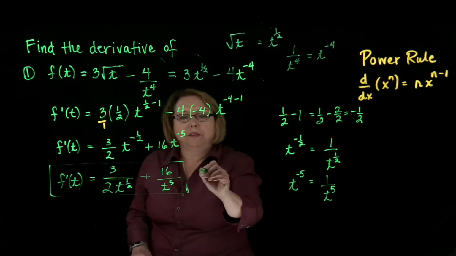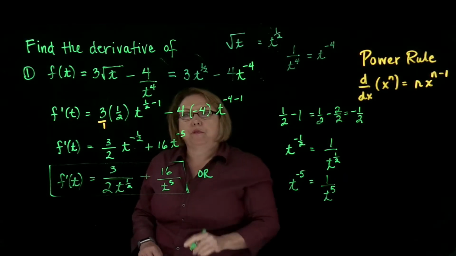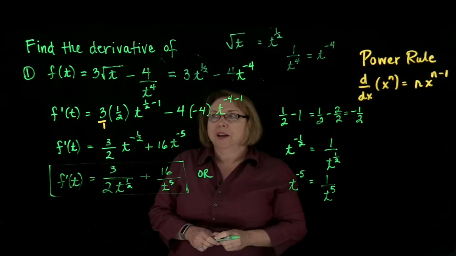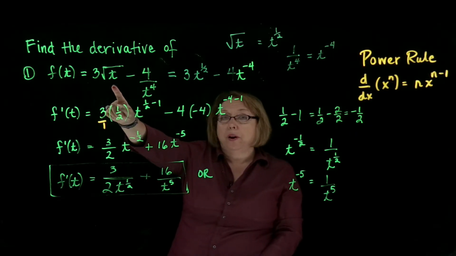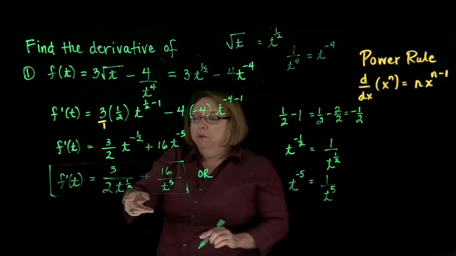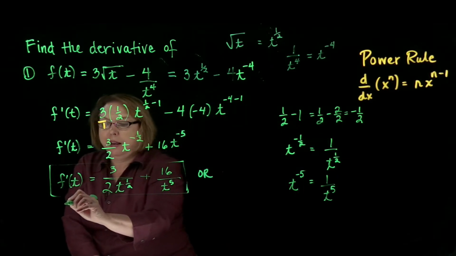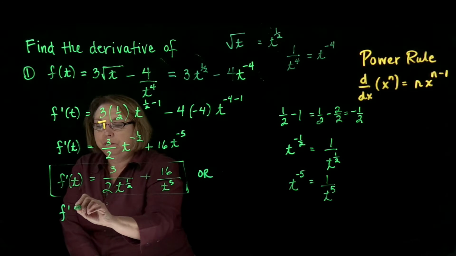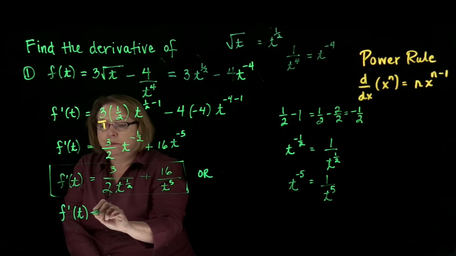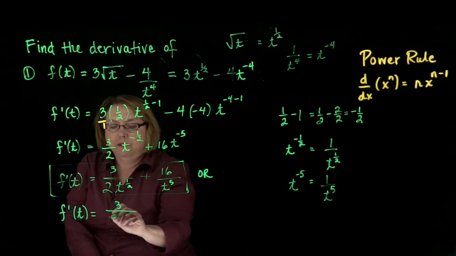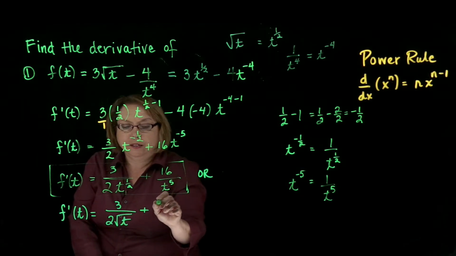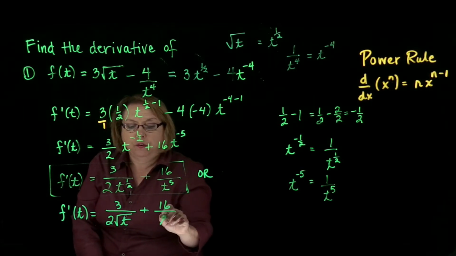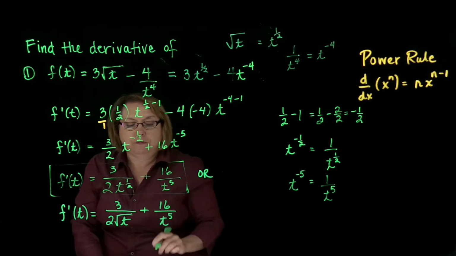Another format that this could be written in, and probably a preferred one by some textbooks, because notice the very beginning, we started with a square root. So we might want to show this final answer like this: 3 divided by 2 times the square root of t plus 16 over t to the 5th.